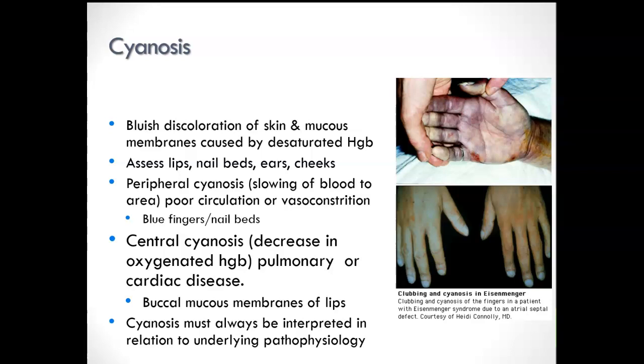Now, there are some conditions where somebody might be kind of blue in their extremities, but they look fine. Like they're up, walking around, talking, and they may have something like Raynaud's syndrome, where there's a constriction of vessels in your hands and feet.